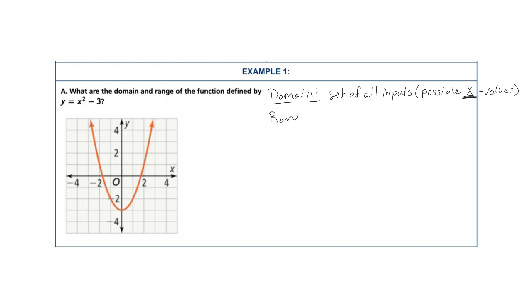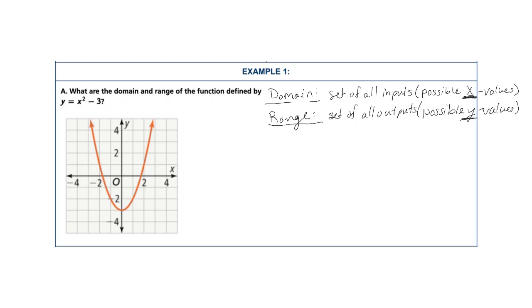The range is the set of all outputs. And you probably guess or remember it's all possible y values in the graph. So any y value you can see on the graph.